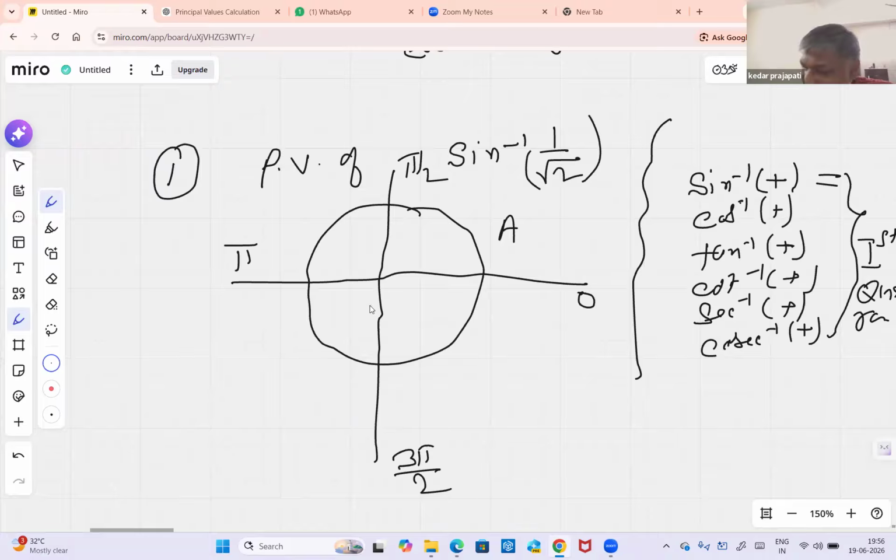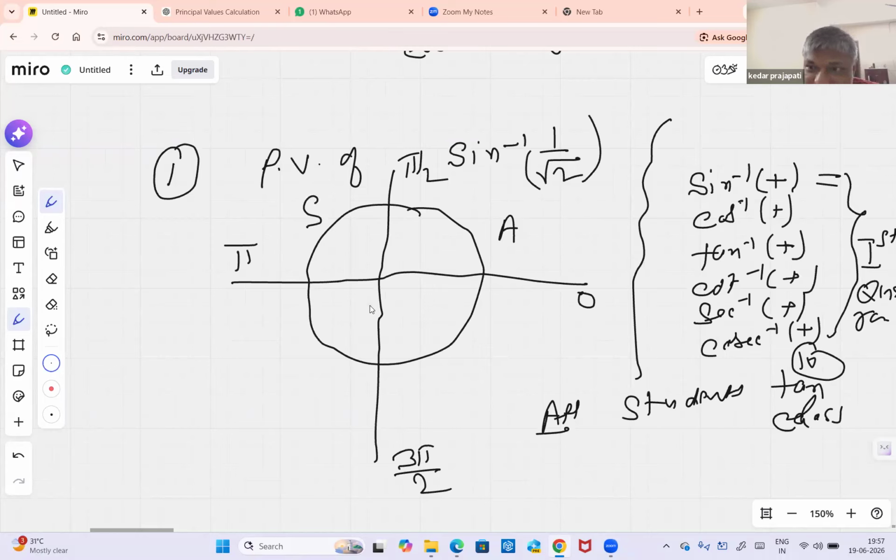You know the trick: All Students Tan Class. A stands for all. So here it is A, here it is S, in this quadrant T, in this quadrant C. In the first quadrant, all of sine, cos, tan will be positive.